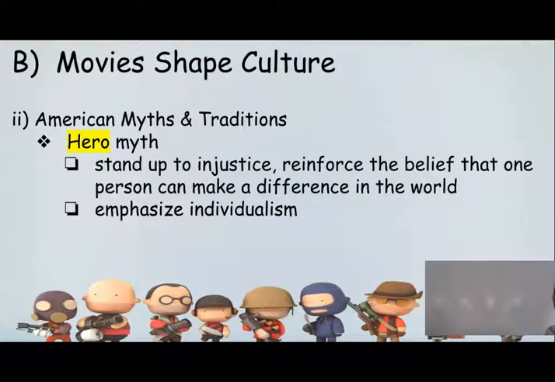How do movies shape American myths and traditions? The central case is the hero's myth. The hero character in the film stands up to injustice and reinforces the belief that one person can make a difference in the world. This kind of movie emphasizes individualism in the mind of America.